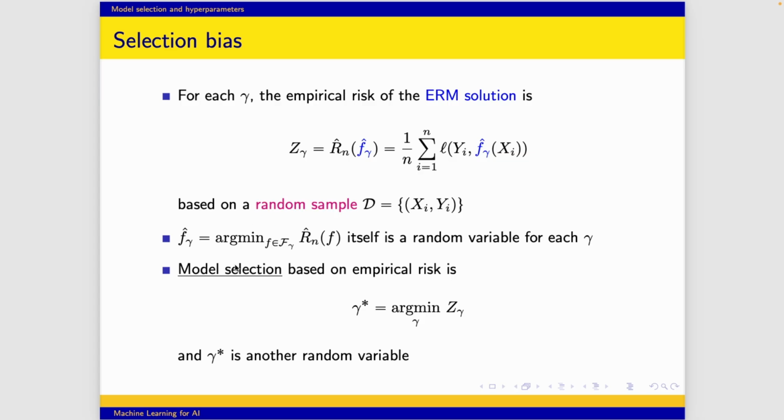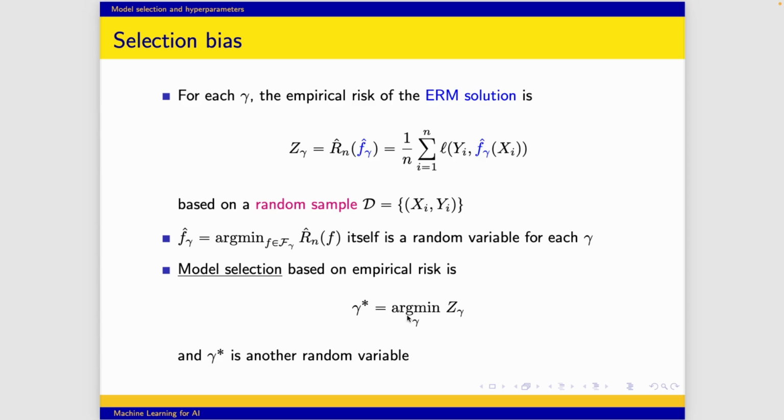Now, what does model selection do in our naive approach? Well, it will select the value of gamma, gamma star, by minimizing this z gamma, which is defined as the empirical risk of the ERM solution. So it solves this problem.